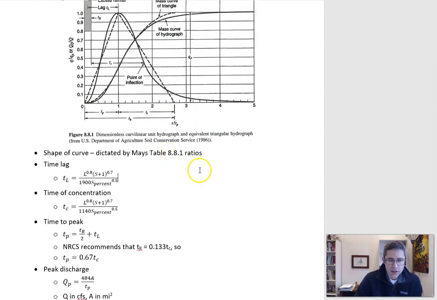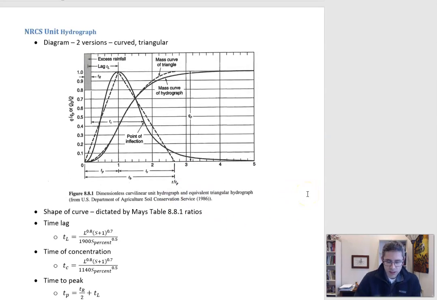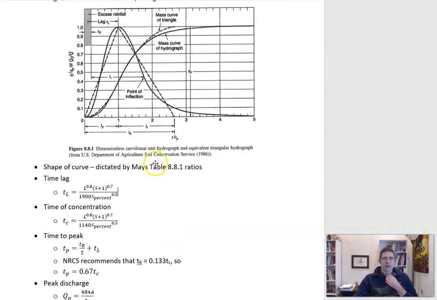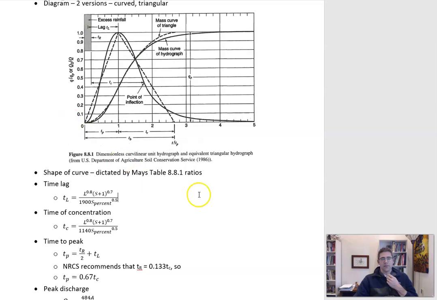In all of these, you might be given a few parameters that you could use to calculate something like T sub L or T sub C. And then from that, you can derive everything else you need so that you can draw this unit hydrograph. And in the next video, I'll do an example problem to walk us through that.